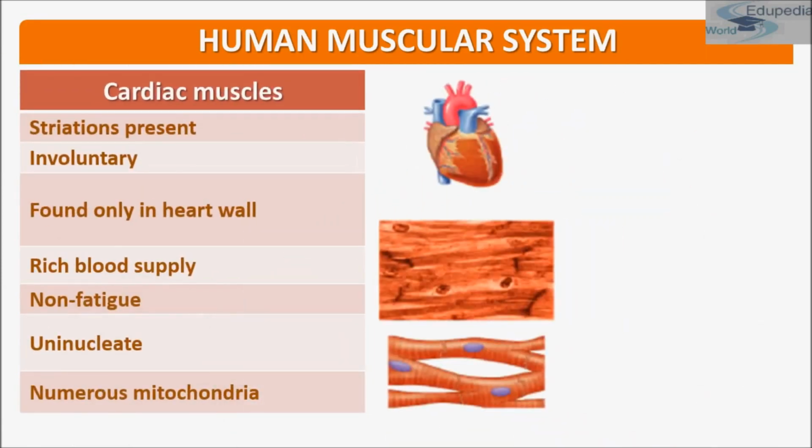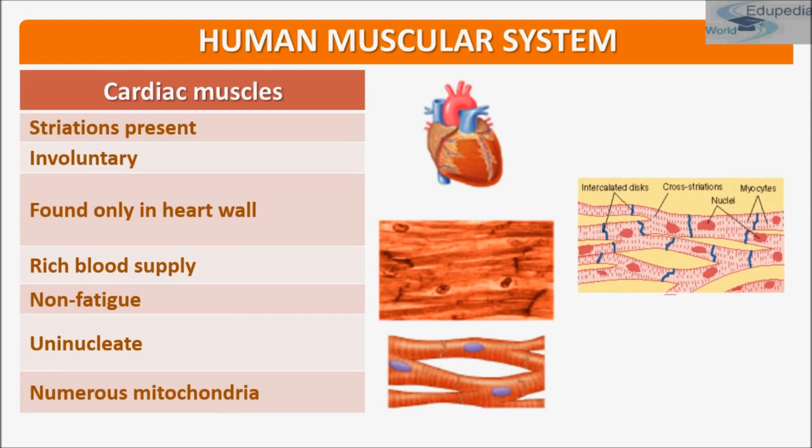Now comes cardiac muscle. Cardiac muscles, as the name suggests, are the muscles of the heart. That means this type of muscle is found solely in the walls of the heart. It has similarities with skeletal muscle in that it is striated, and it is also similar to smooth muscles in that contractions are not under conscious control.